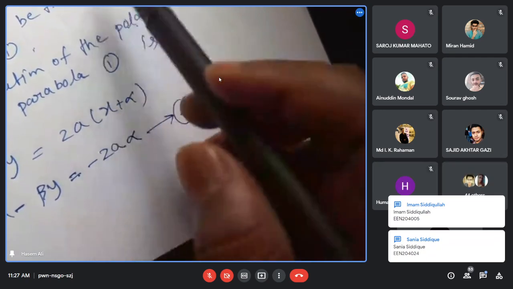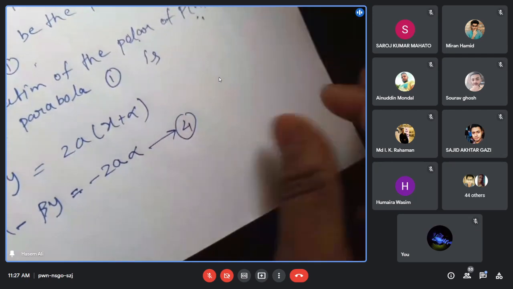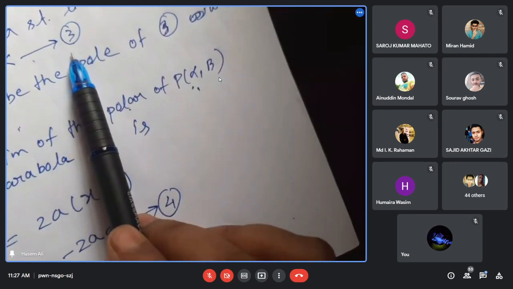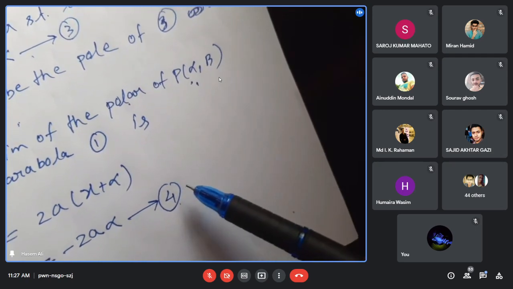Now this straight line 3 is also a polar, and this is the equation of the polar. So 3 and 4 are identical.